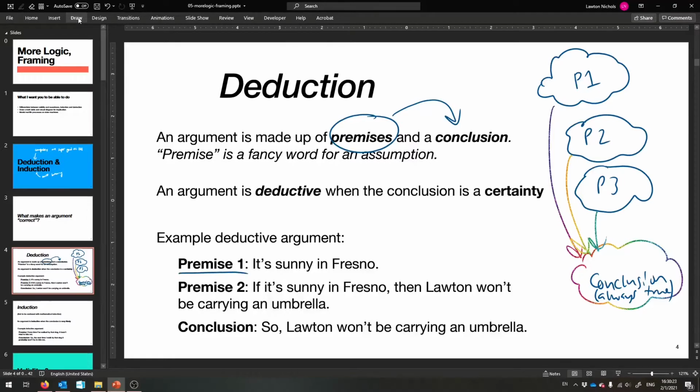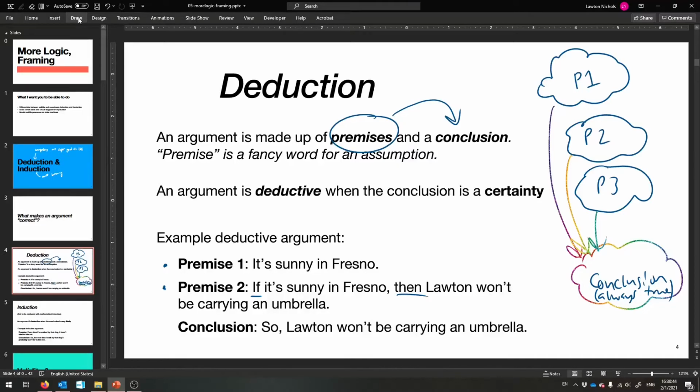So here's an example argument. So these are two premises and a conclusion. So I'm using these two premises to prove this conclusion. So the first premise, it's sunny in Fresno. Okay? That's case one. Let's assume that. And then premise two is, if it's sunny in Fresno, then Lawton won't be carrying an umbrella. Okay, that's kind of logical.